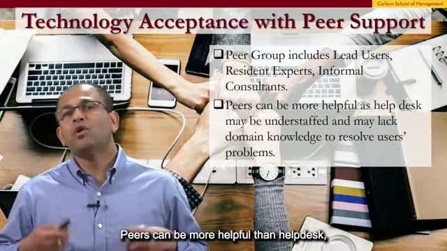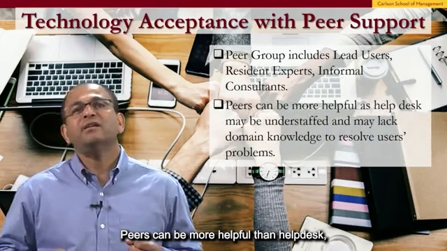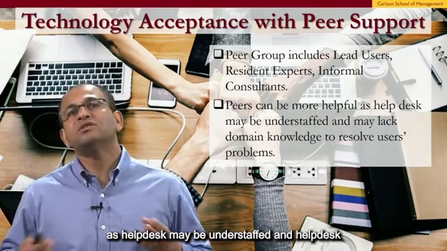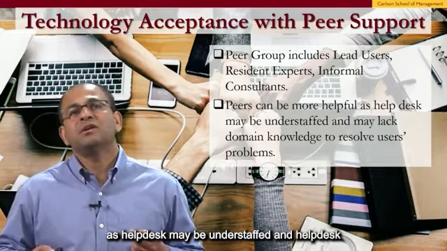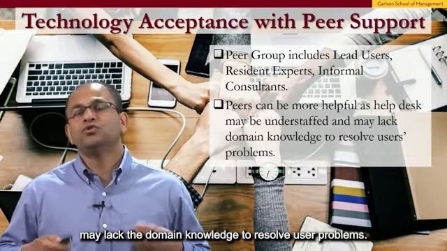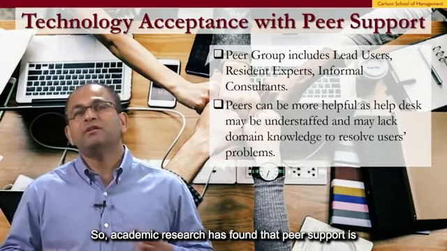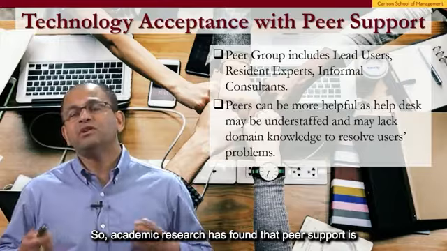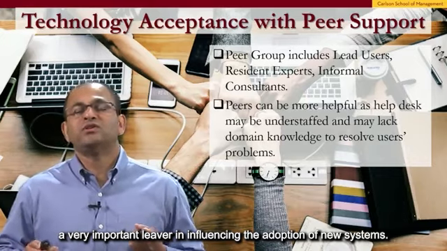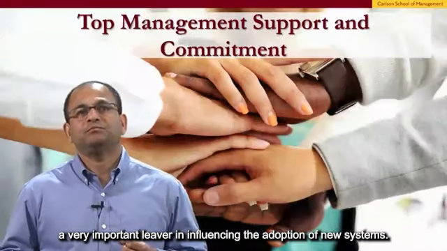Peers can be more helpful than the help desk, as the help desk may be understaffed and may lack the domain knowledge to resolve user problems. Academic research has found that peer support is a very important lever in influencing the adoption of new systems.